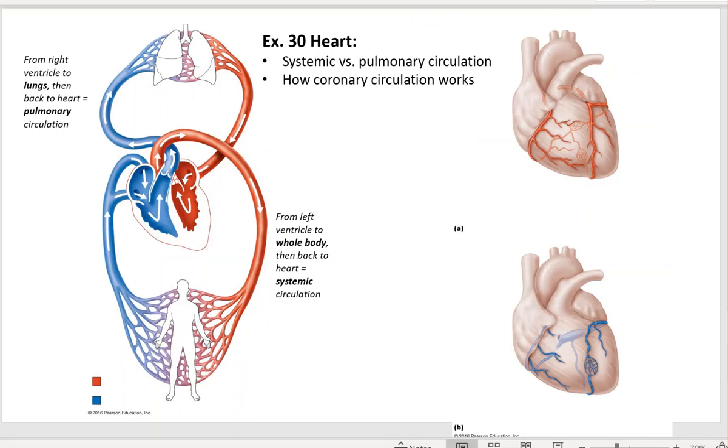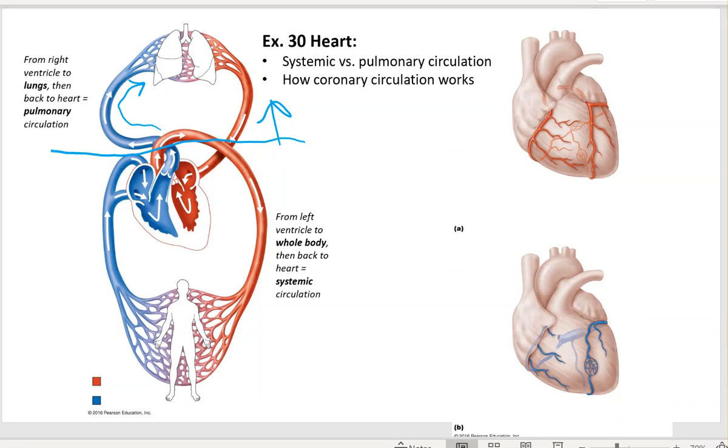And then just a little bit about pulmonary versus systemic circulation. Pulmonary circulation is all this stuff kind of up here. So we're leaving the right ventricle and we're going to the lungs to drop off CO2 and pick up oxygen.